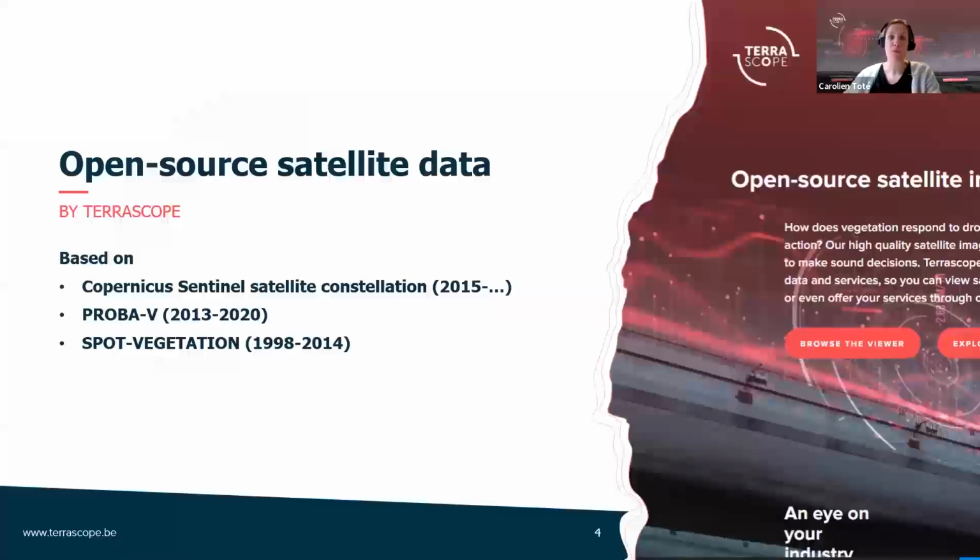So Terrascope focuses on data dissemination and access by redistributing Sentinel core products and complementary products, and by providing tools and applications to users. Apart from the products from the Sentinel constellation, Terrascope also distributes products from PROBA-V and SPOT-VGT.